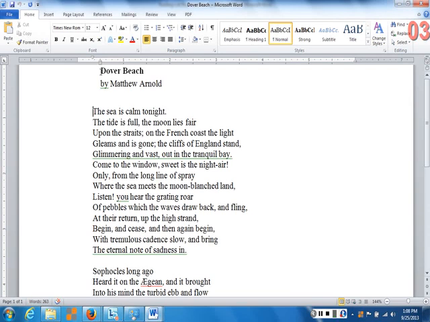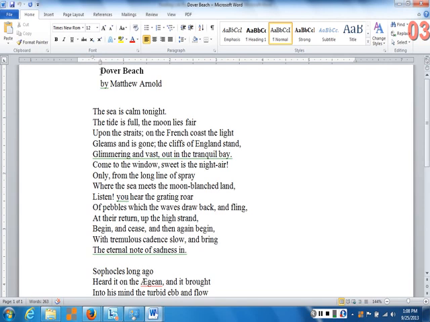The sea is calm tonight. The tide is full. The moon lies fair upon the straits. On the French coast the light gleams and is gone. The cliffs of England stand, glimmering and vast, out in the tranquil bay. Come to the window. Sweet is the night air.